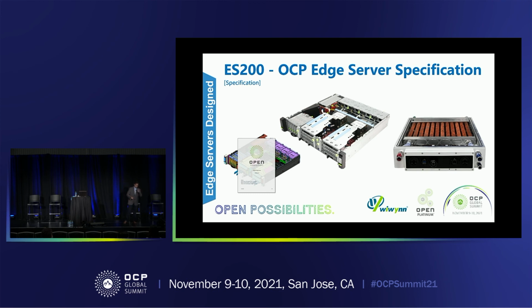CU, DU, core can be taken care of by our EP100 platform, and the MEP and AI can be taken care of by the ES200 platform. These platforms are short depth. They have multiple sleds, multiple configurations, a good level of PCIe expansion capabilities, and are robust. They're built for different environments.